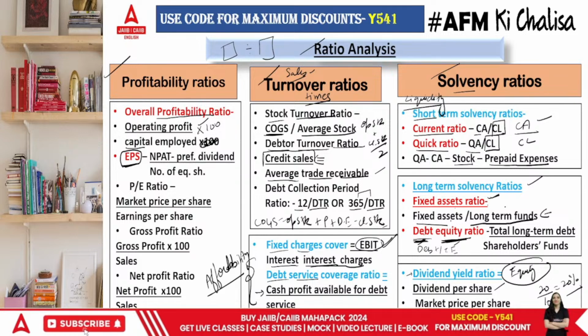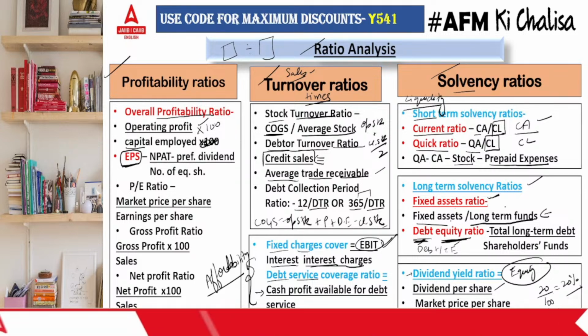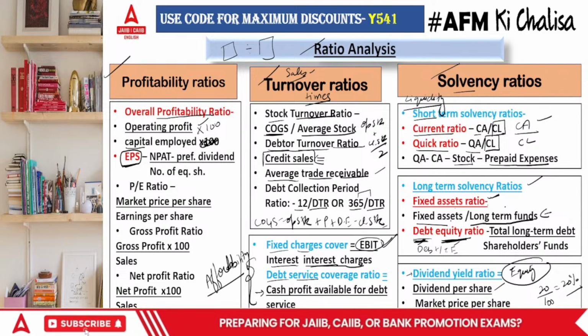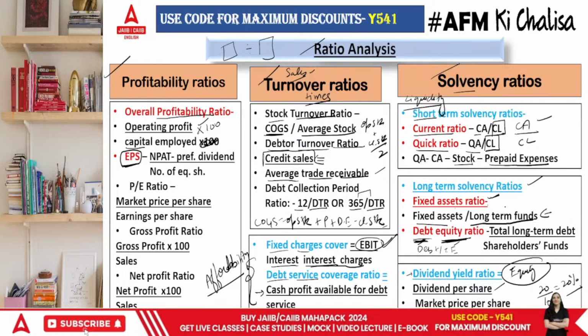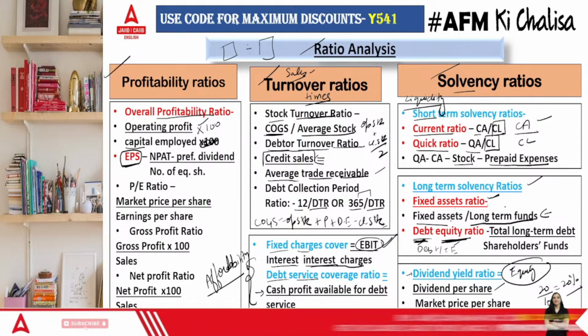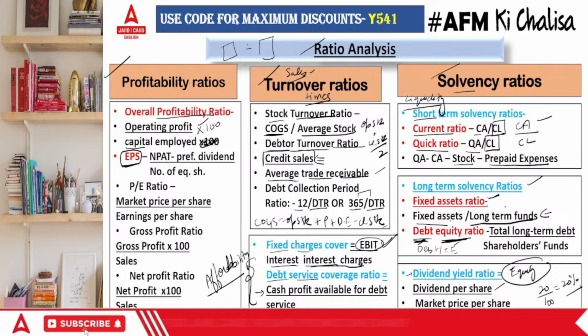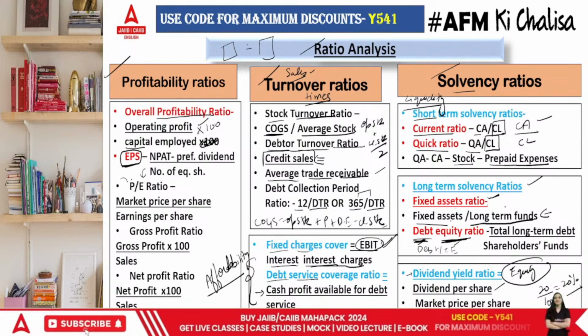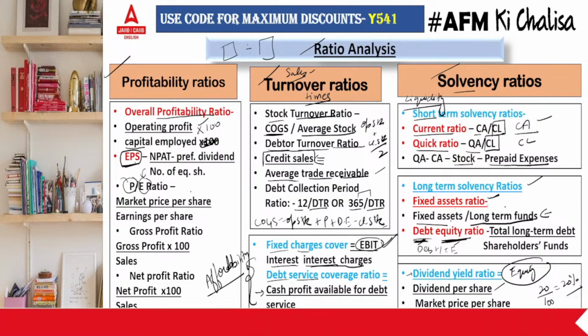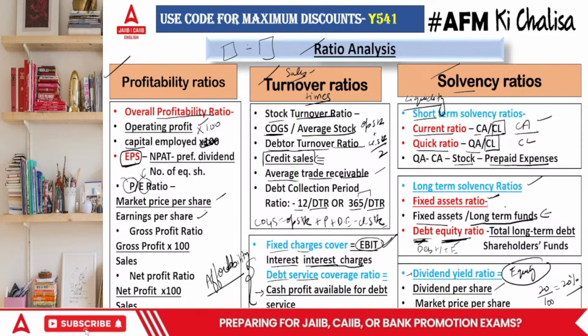So whatever is left for them divided by the number of people it would be shared among. Okay? That is total profit divided by the number of equity shares. Then PE ratio. P means price, E means earnings. So this is market price, and E is EPS, earning per share. So MPS upon EPS is your PE ratio.